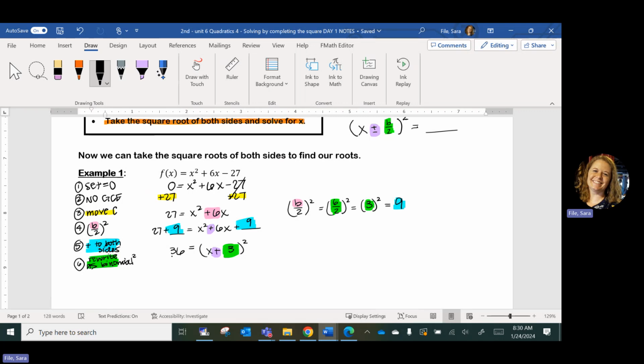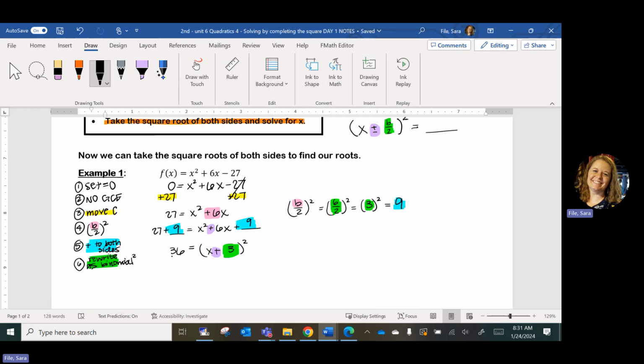Right now, we are just focusing on finding the solutions or the x-intercepts. But being able to change this from standard form to vertex form, that's the whole point of completing the square. Now, what I am supposed to find in this particular problem are the roots, zeros, x-intercepts.